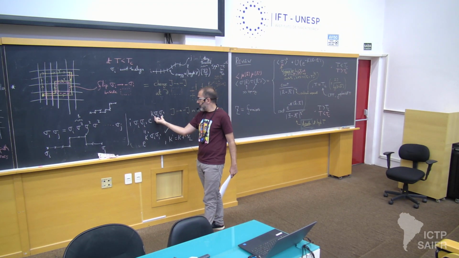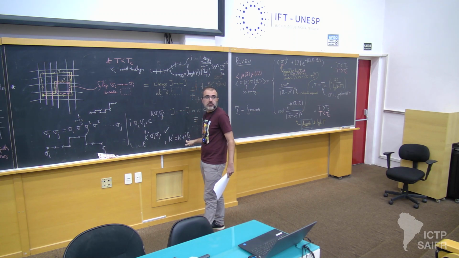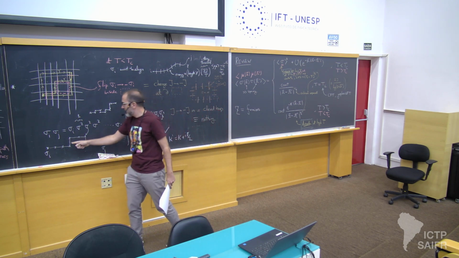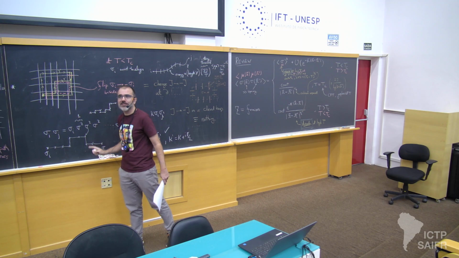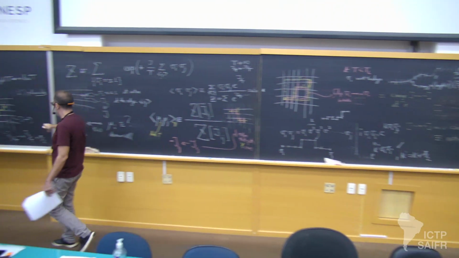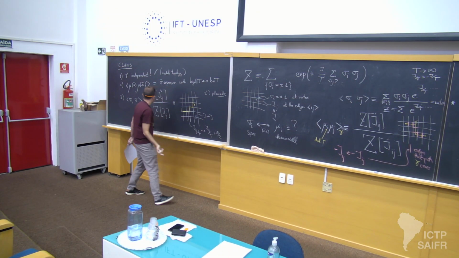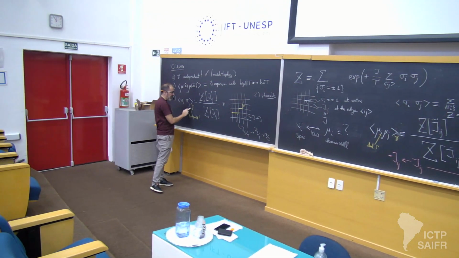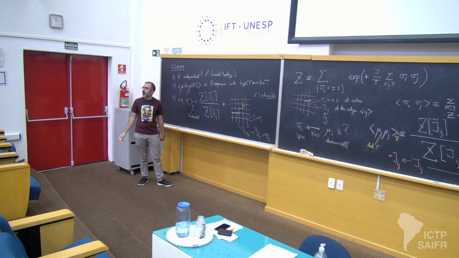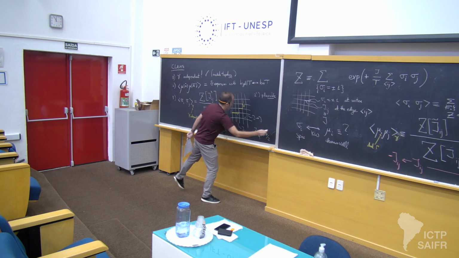All I'm saying is, along that path, change k to k plus i pi over 2. Does it depend on the path? Of course not. It's my choice. You could pick another choice. Of course, the result doesn't depend on the path. And so this is true. I can just change k to k plus i pi over 2 along any path, and it's path independent. So we checked. This is true.